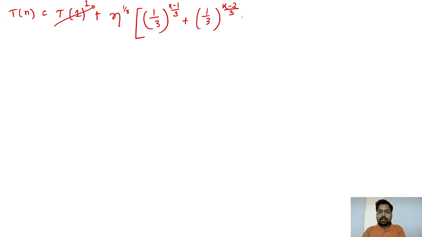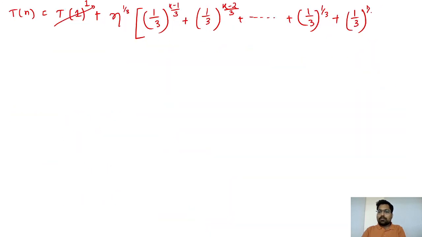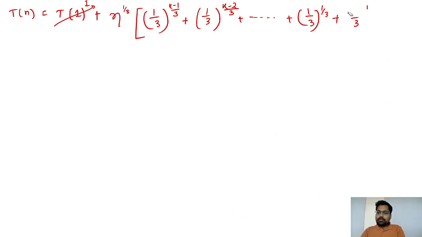Clear? Like we are going for it, 1 by 3, then 1 by 3 to the power 0. This is 0, because 0 is there, so 0. Clear? Better we can say it's 1 by 3.